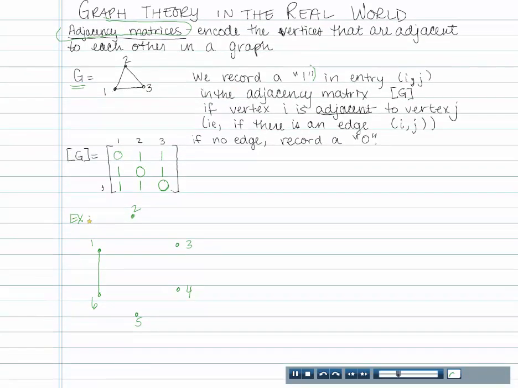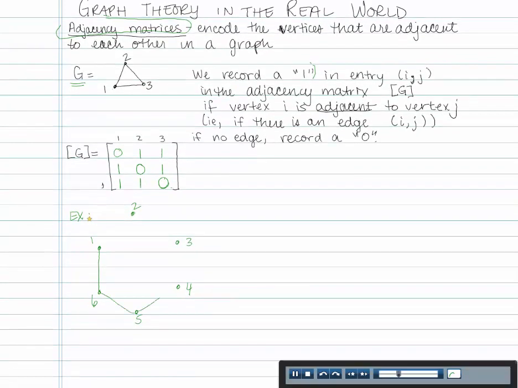And I'm going to draw the cyclic graph on these vertices as such. And then I'm going to also add in a couple of extra edges, but not all of them. Notice, for instance, 2 is not connected to vertex 4 or to vertex 6. Every vertex has degree 3.